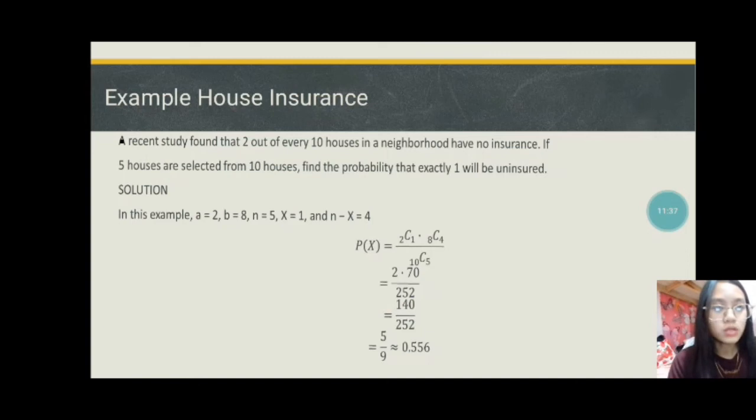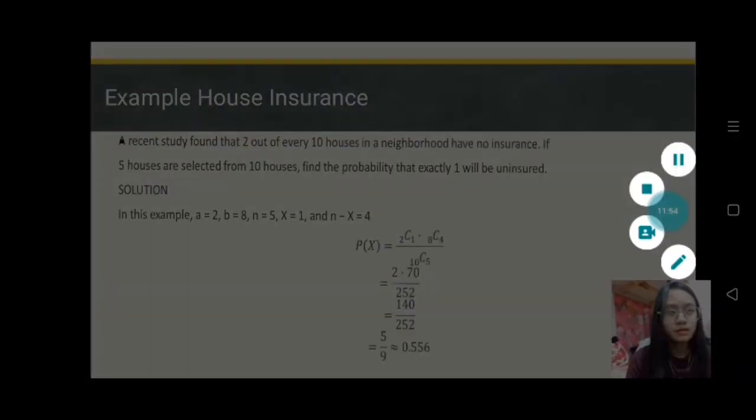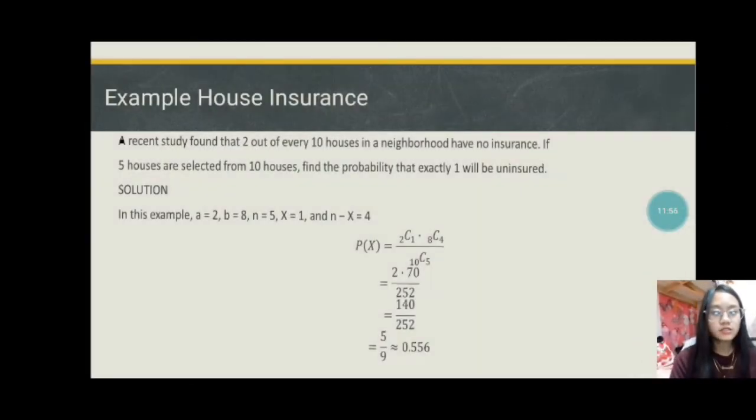We multiply 2 times 70, which results in 140 over 252, which is equal to 5 over 9. It is approximately equal to 0.556. So there is a 0.556 probability that out of 5 houses, 1 house will be uninsured.